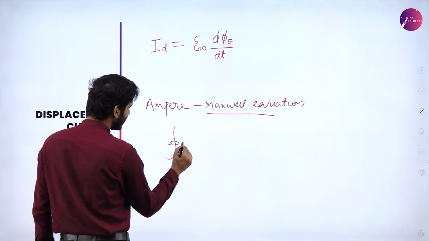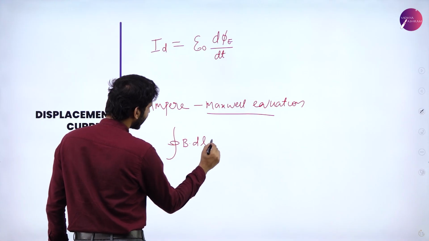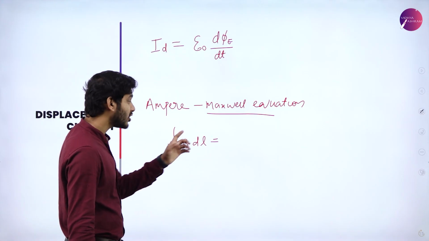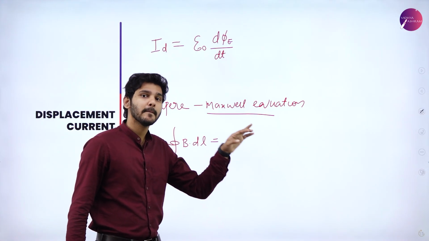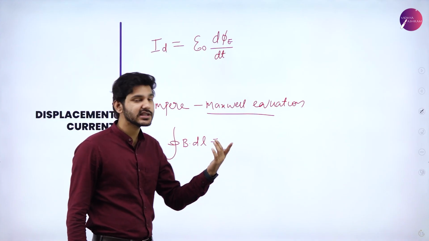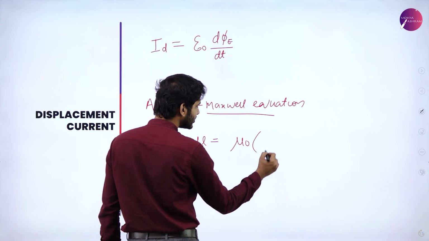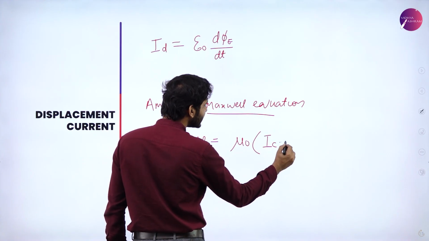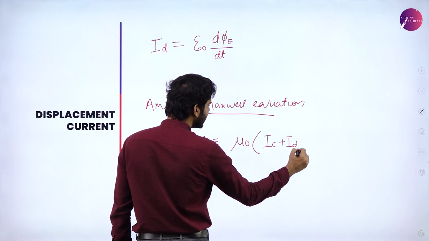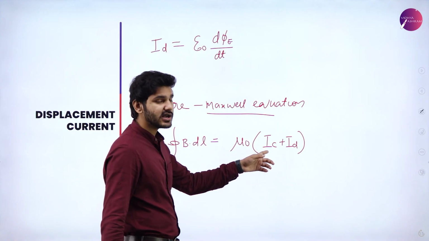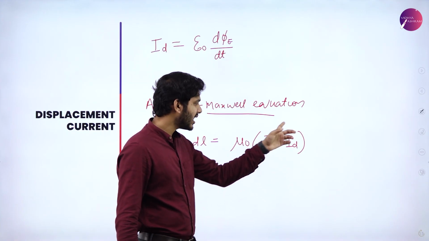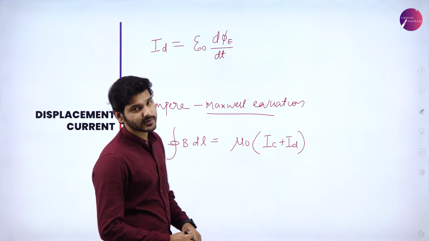So integral B dot dl was equal to mu naught I, but in this particular case we have to write that this will be equal to mu naught into IC plus ID, where IC is the conventional conduction current and ID is the displacement current.